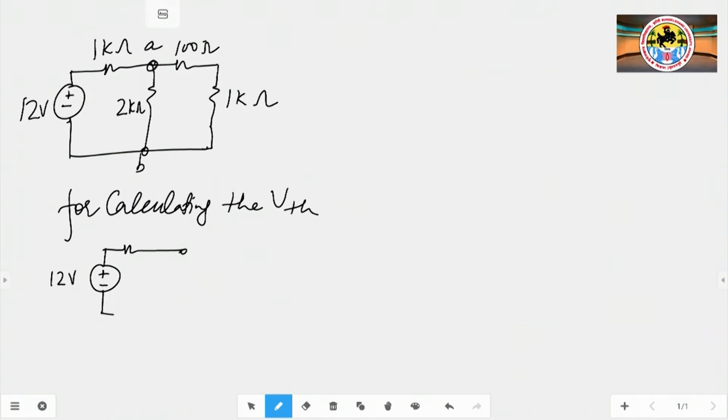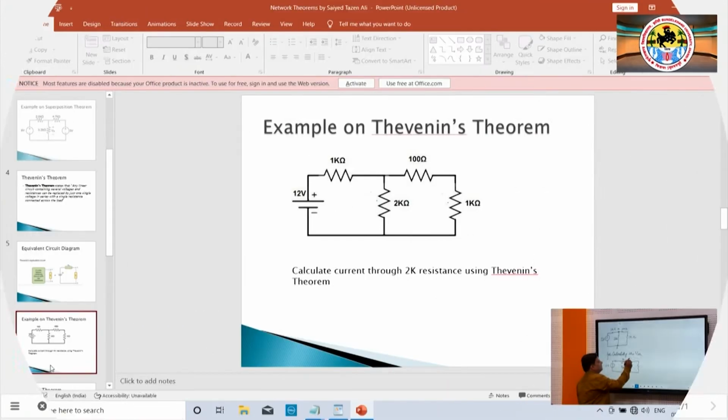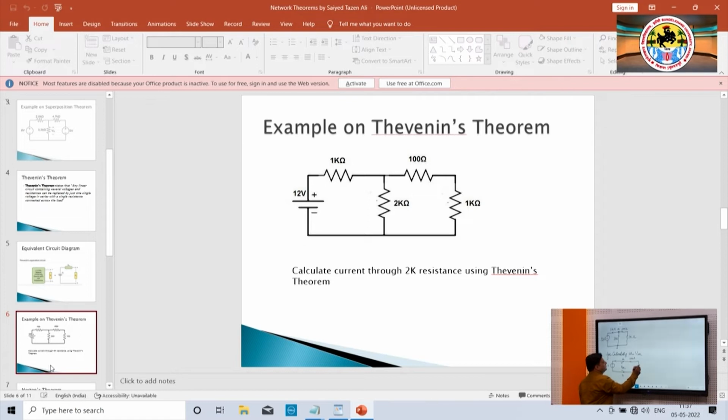Just remove the 2 kilo ohm resistance across A B, which makes it an open circuit, and this is the open circuit voltage across A B. So, it is V t h, and we calculate the value of V t h.